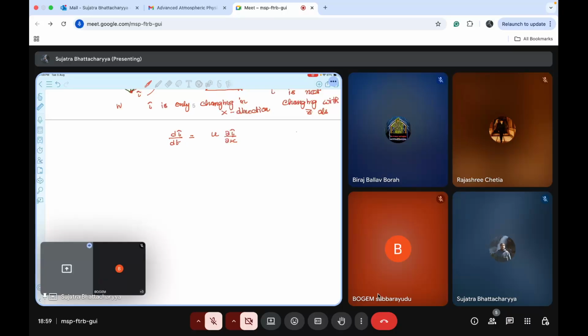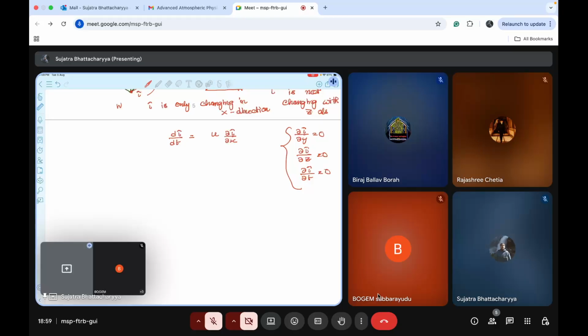And delta I hat by delta y is 0, no change in y. With z, no change. With time also, no change. So all things are 0, only this is what you left behind.